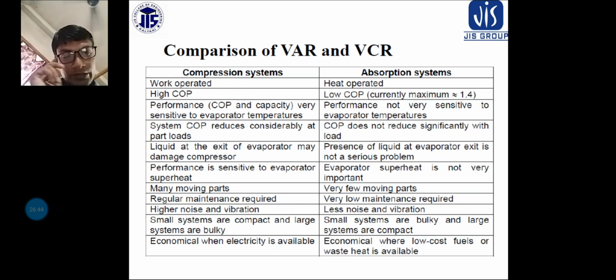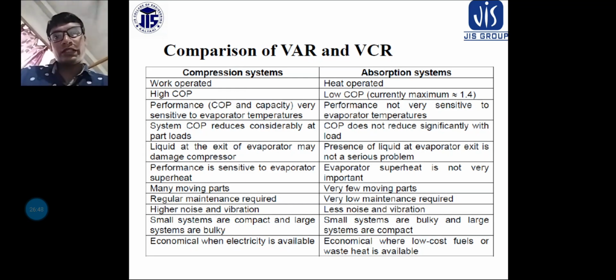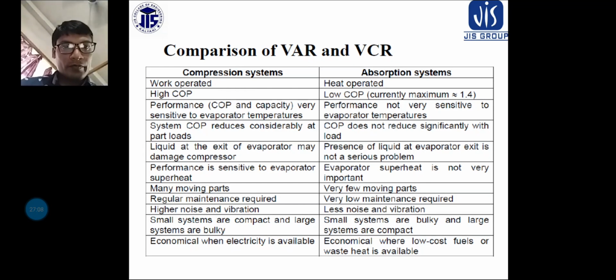You have seen in your home, in your fridge there is a compressor, and that compressor is always producing some noise. So higher noise and vibration we observe, and in case of an absorption system less noise and vibration will be observed. Next, small systems are compact and large systems are bulky.